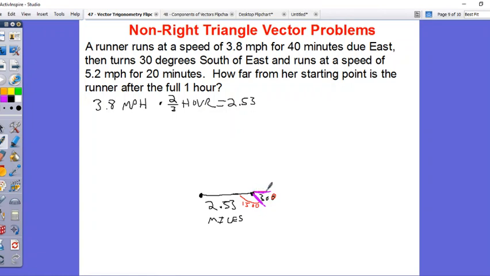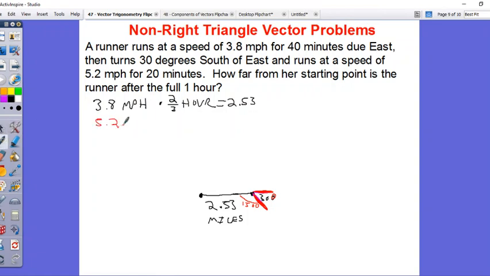So south of east. So this is east. We rotate 30 degrees south. We're looking for the inside of the triangle. So this is 150 degrees. And then we move 5.2 miles per hour for 20 minutes.